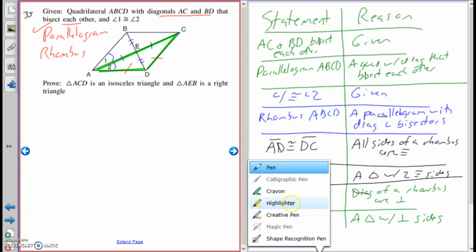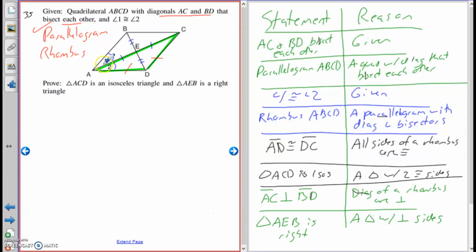And given that it's a rhombus, we know the diagonals are perpendicular. And if the diagonals are perpendicular, that means this triangle is a right triangle. So it was all about seeing and understanding what they gave you was enough to prove a rhombus, and a rhombus is easily then able to prove all this other stuff.